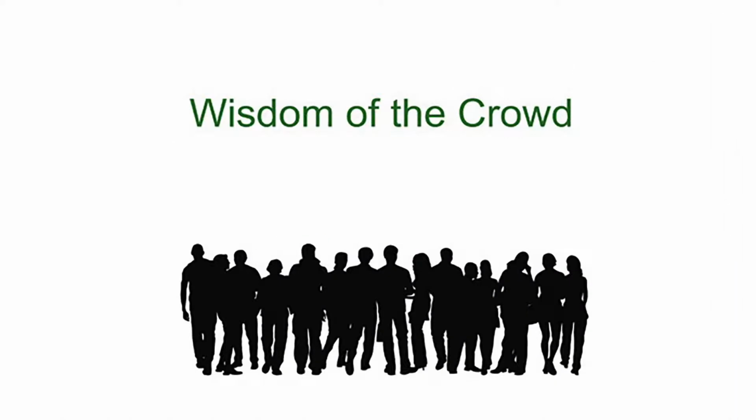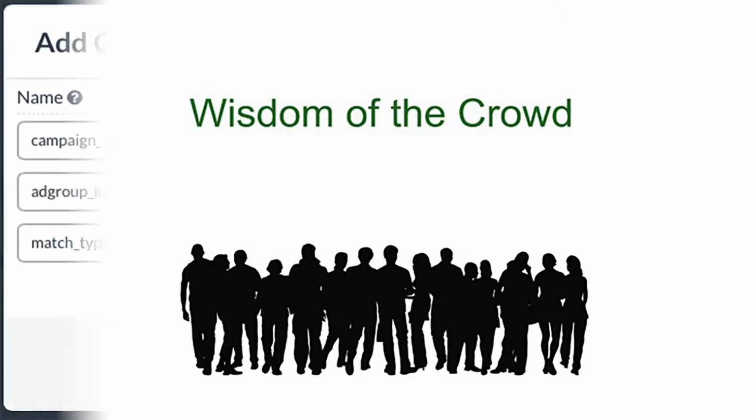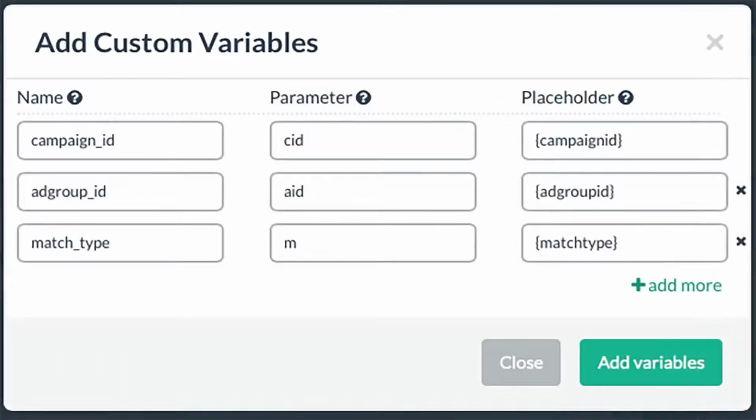Wisdom of the crowd: for first time visitors, aggregated data that makes correlations between previous customers and current site behavior is used by default. Customized variables: lastly, e-commerce stores can manually set rules to guide personalization. This allows personalization to match merchandising goals.